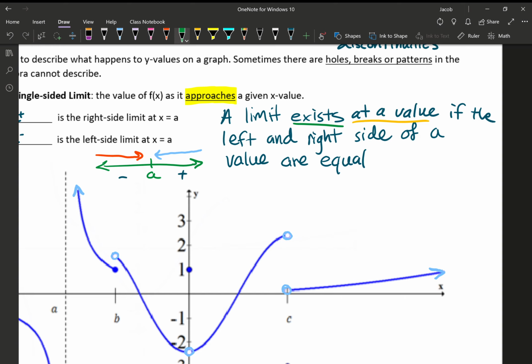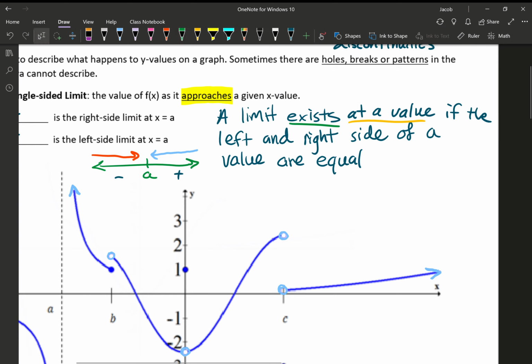So if the y values are equal at that point. So we'll see some examples of that. Existing for a limit is what we use to describe it in general, like is there a limit there to even talk about? If there's not a limit there, then there's no limit to talk about.